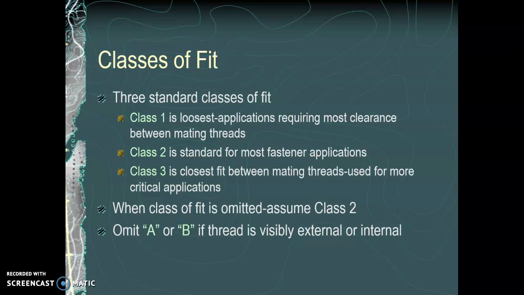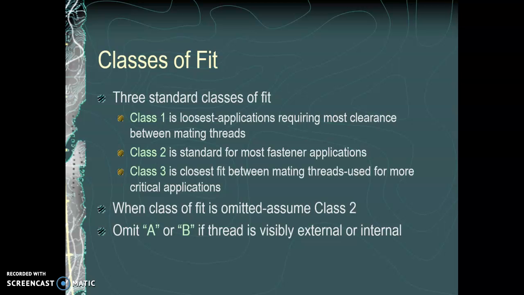And that last little bit of alphanumeric information on the end of a typical hole specification, 1A or 2B, the number refers to the class of fit. So a class 1 is for loose fitting applications. So there could be a little bit more of a gap between the external and internal threads when they fit together. Class 2 is standard. That is essentially the default value.